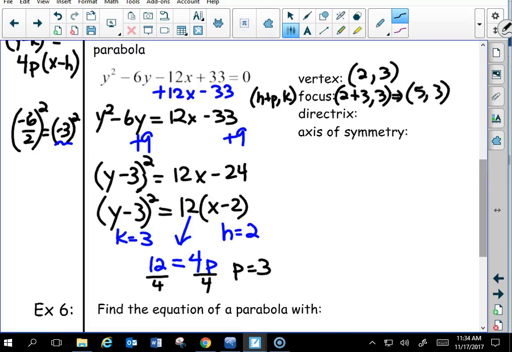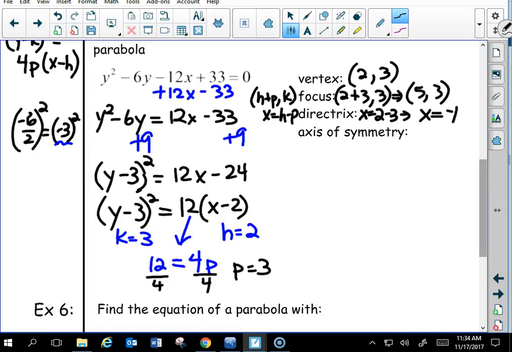Our directrix is at x equals h minus p. So we get x equals 2 minus 3, gives the equation x equals -1.